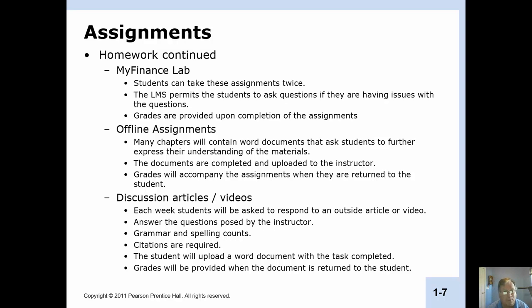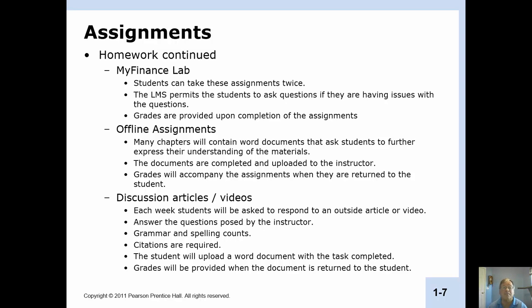If you're having problems with answering one of these, you can ask My Finance Lab to help you solve some of these problems. Now, if you ask for help, of course, you don't get the full credit for the problem. So I believe if you ask the first time, the first thing costs you 10%.